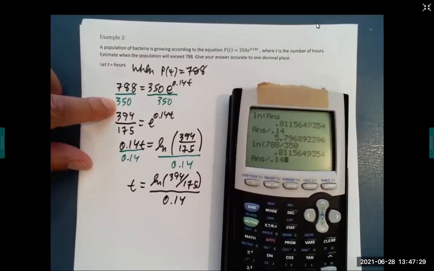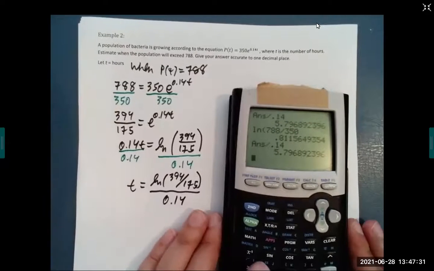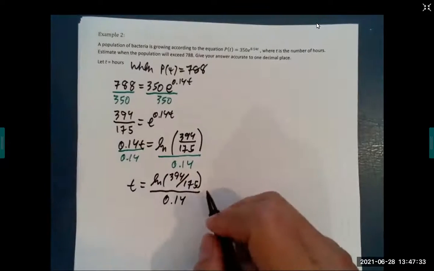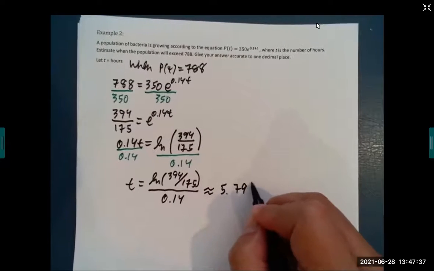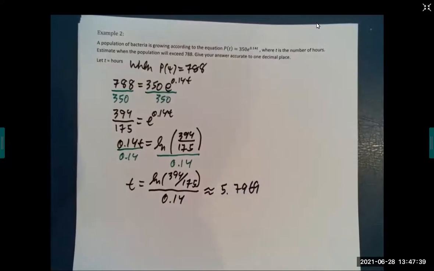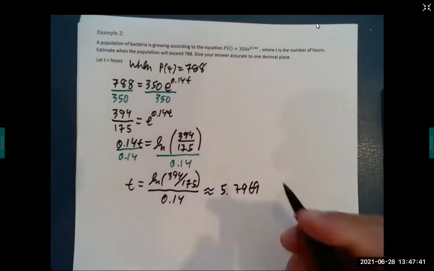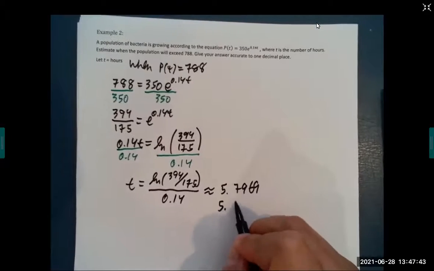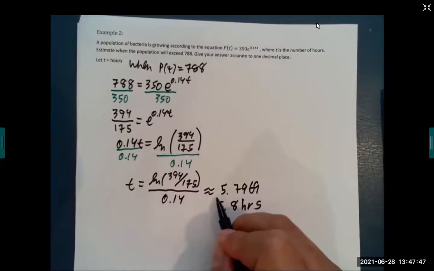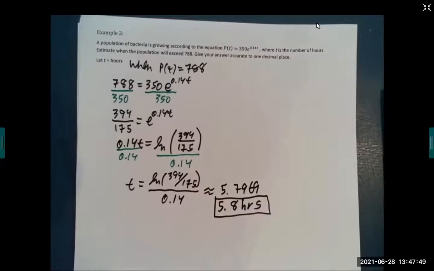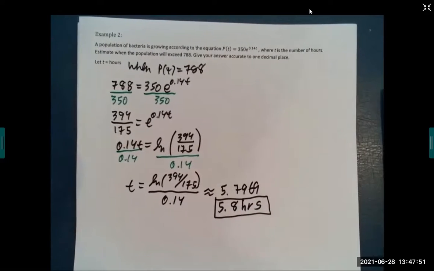All right, well, I'll stick with that, I guess. So this is about 5.7969. Oh, it's around 1 decimal place, so 5.8 hours. All right, that is logarithmic equations.